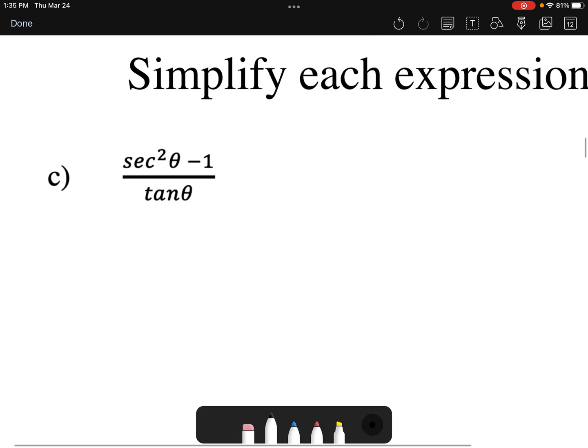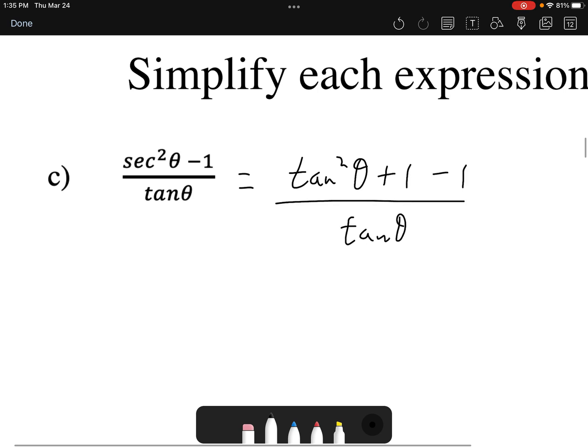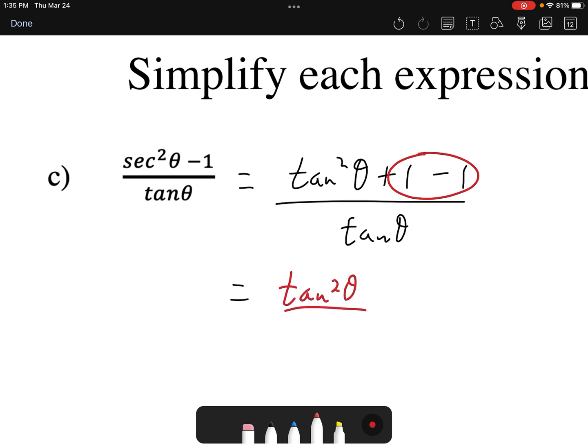So what if I replace secant squared with tangent squared theta plus 1, and then look at it in terms of tangent? Well, looky here, that's 0. So I end up with tangent squared theta over tangent. Well, tangent is going to go into tangent squared one time, and we're going to be left with tangent.